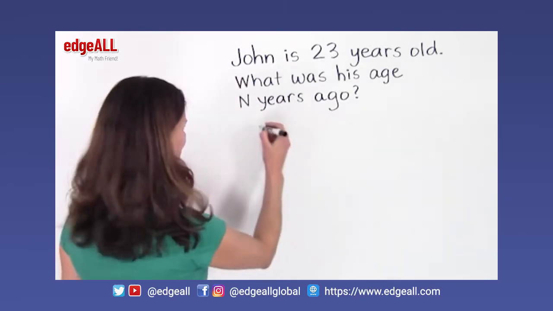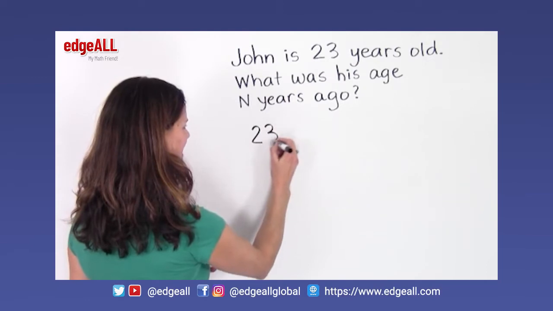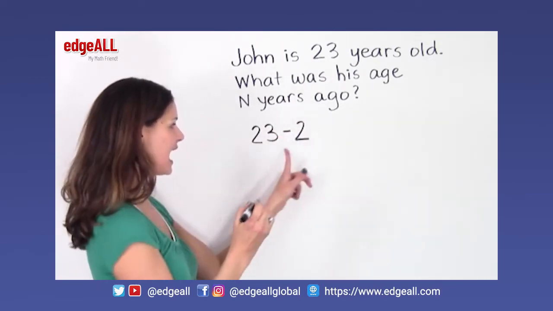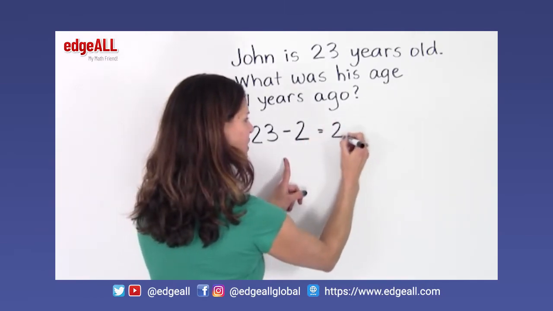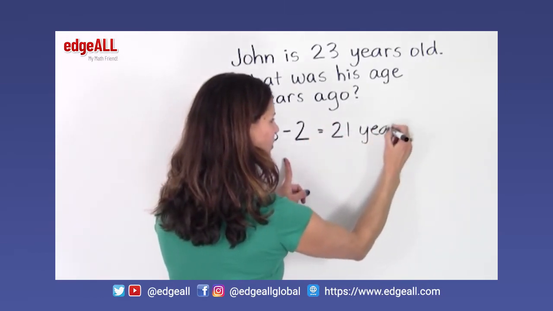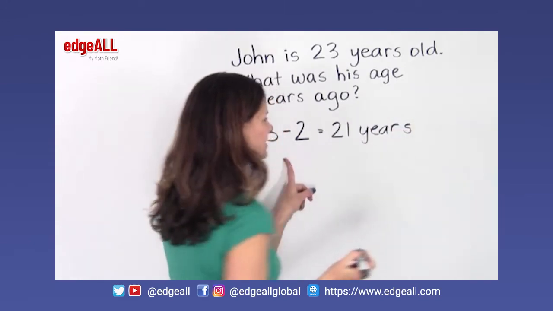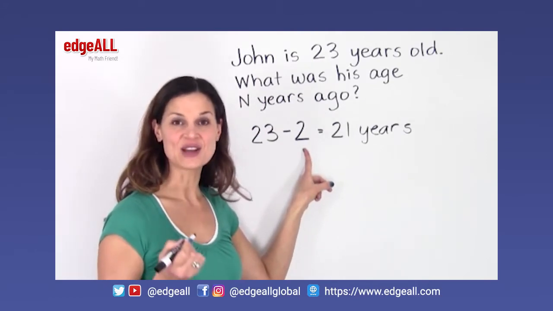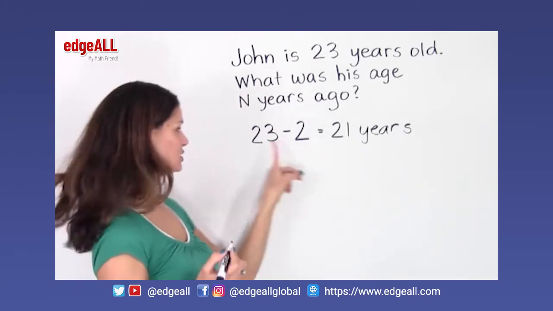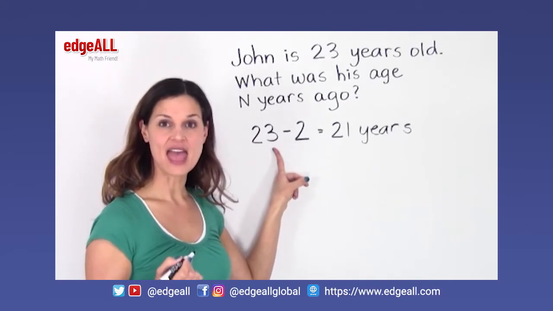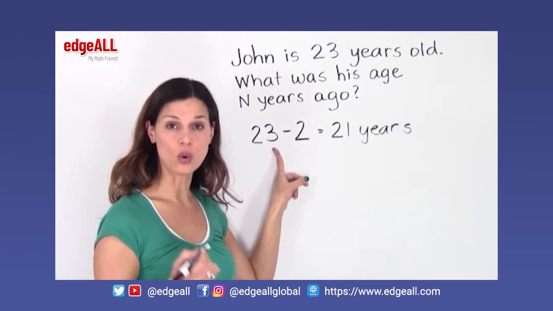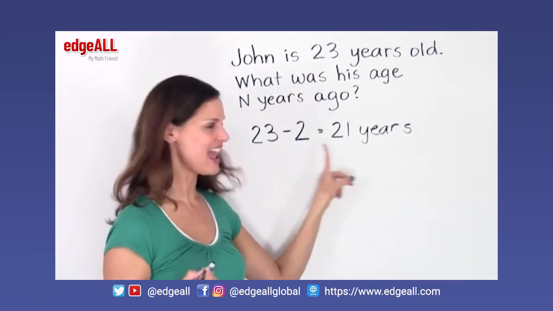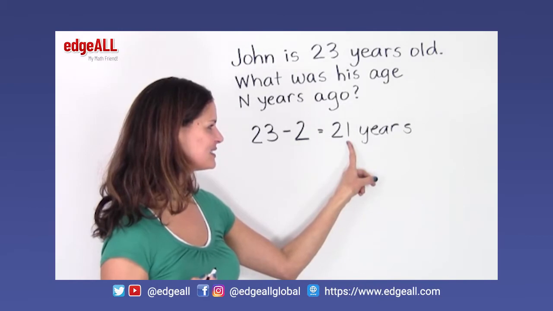You would take the 23 years that he is now, and you would subtract 2 from that, and you would have the answer of 21 years old. So in this case, we had the number 2 as our known number. He was 23, we know that. And then we wanted to know how old he was 2 years ago. And so we subtracted 2 from that, and we got 21 years.